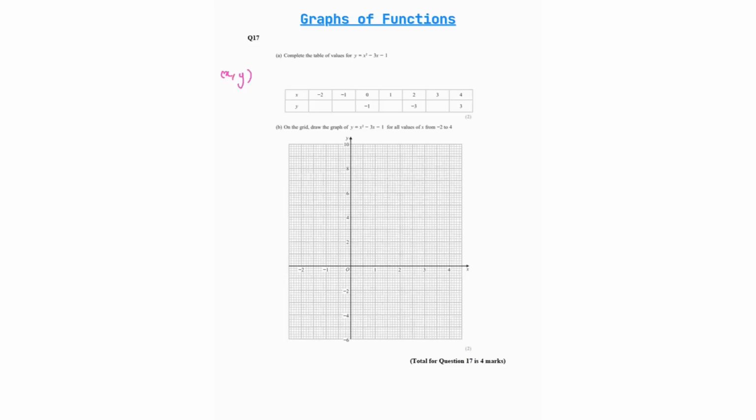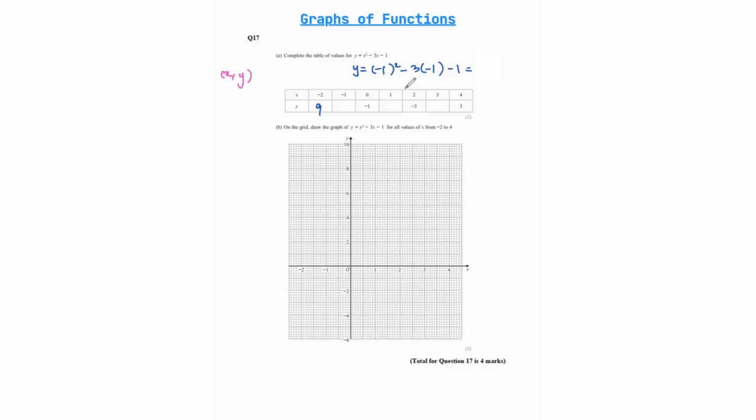So for the table of values, what you'll do is you'll substitute x equals -2 in the equation first. And that's going to be y equals -2 squared minus 3 times -2 minus 1. That is going to give us a value of 9. Then we repeat the same, but now we replace it by -1.